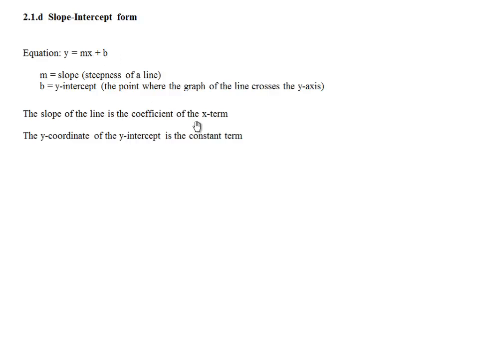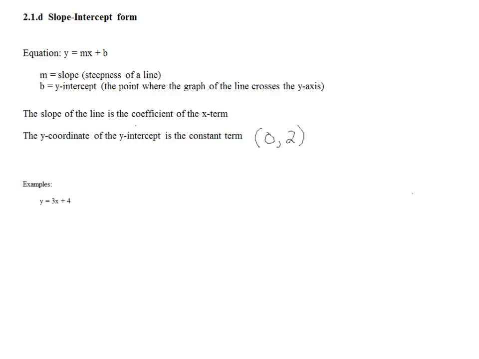And what they mean by that is, x is always 0 at the y-intercept. And whatever number is in the y-coordinate, that becomes your b, or the constant term.